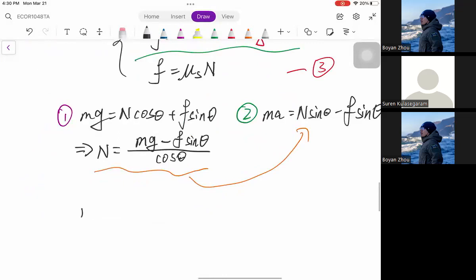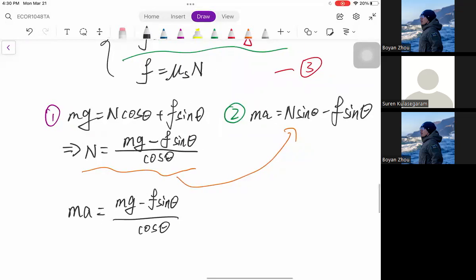So after we plug in, ma is equal to (mg minus f sine theta) over cosine theta times sine theta minus f cosine theta.